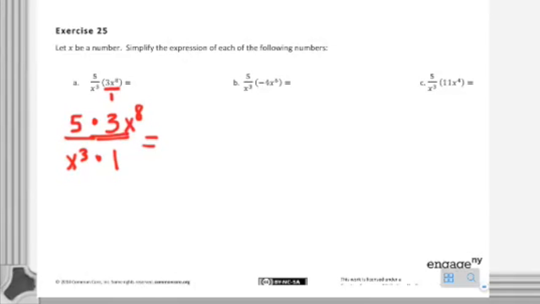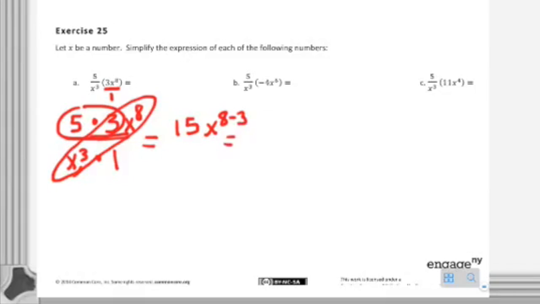And so we can multiply our coefficients here. The 5 times 3 would give us 15. And then we have dividing of the same base. And when we're dividing the same base, we've just recently looked at that as subtraction. And so we have x to the 8 minus 3. And so that can be written as 15x to the 5th as our answer there.